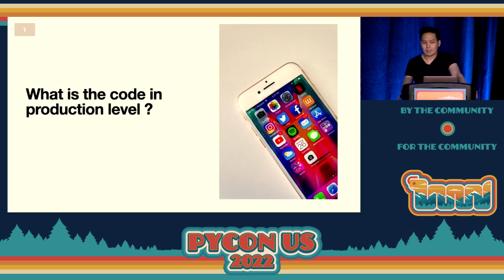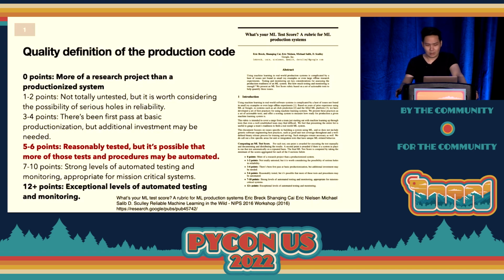On the other hand, what is code at production level? According to this thesis about how we can evaluate ML production systems based on a rubric, the thesis scores an ML system from 0 to 12 plus. 0 points seems to be more like research-oriented code before transformation.